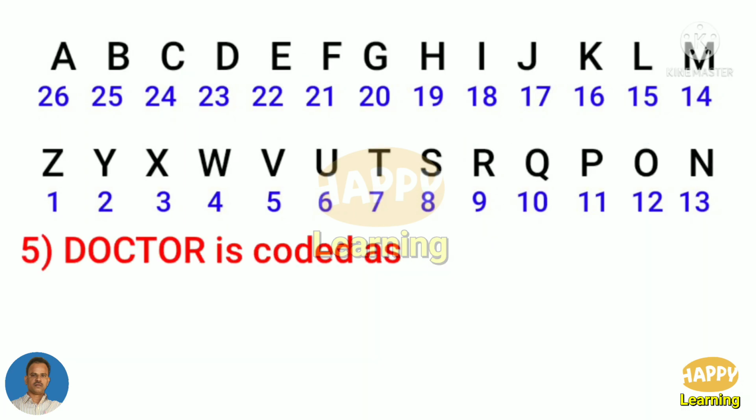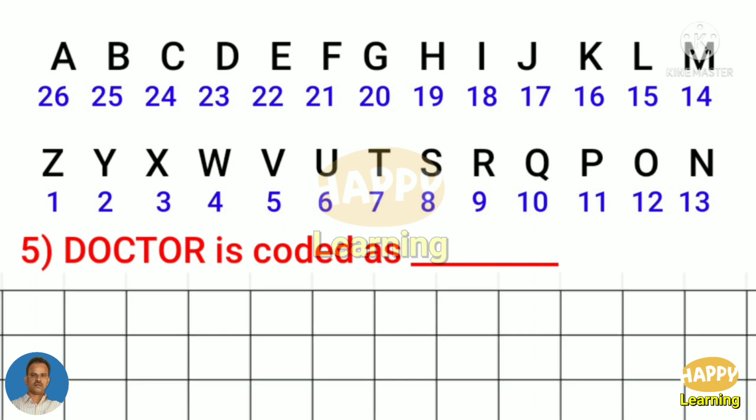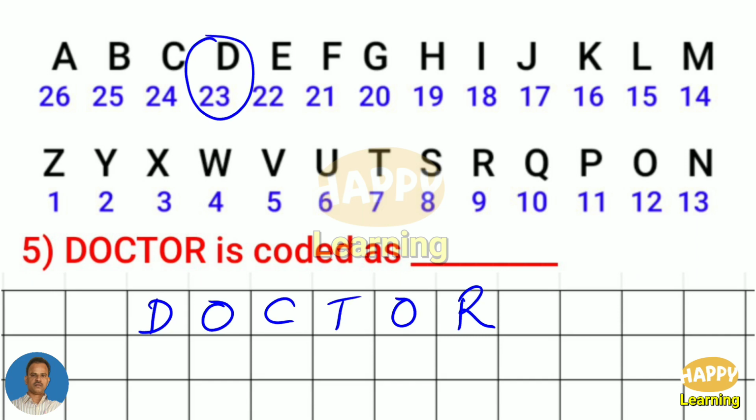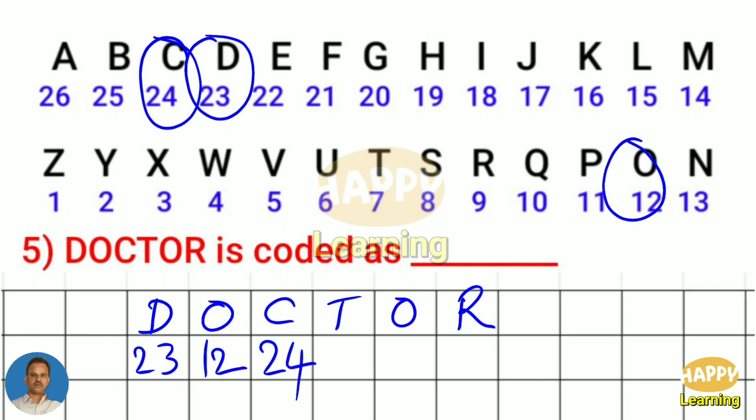Then next question. Doctor is coded as. So D-O-C-T-O-R, doctor. D is coded as 23. O is coded as 12. C is coded as 24.